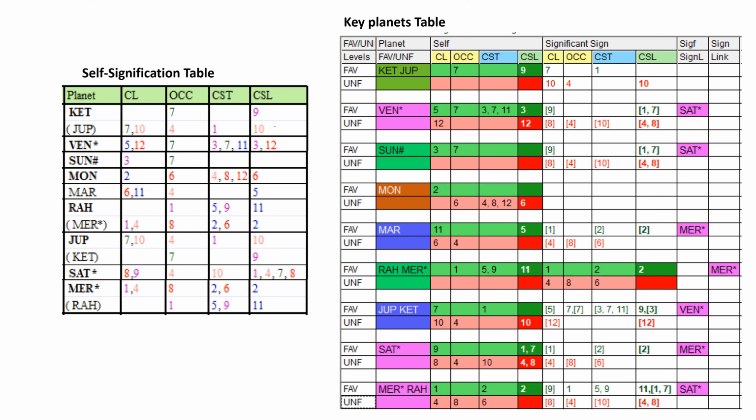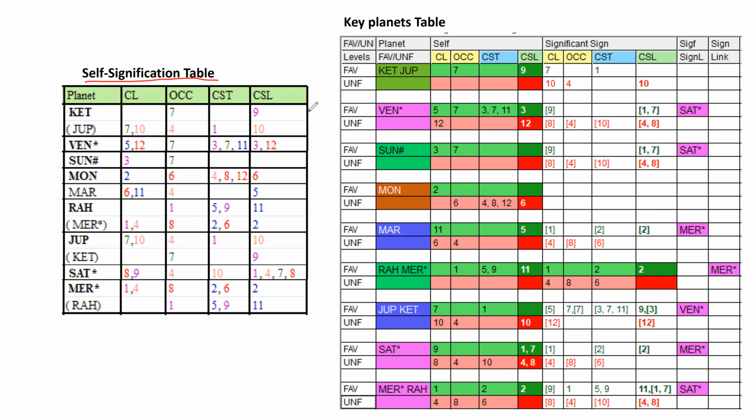Look at the self-significance table: how the planets in the self-significance tables, their houses, and the favorable and unfavorable houses for an event, the same planets' favorable and unfavorable houses are shown separately in the key planets table. On the left-hand side, this indicates the self-significance table wherein Ketu and CL, OCC, CST, CSL are given.